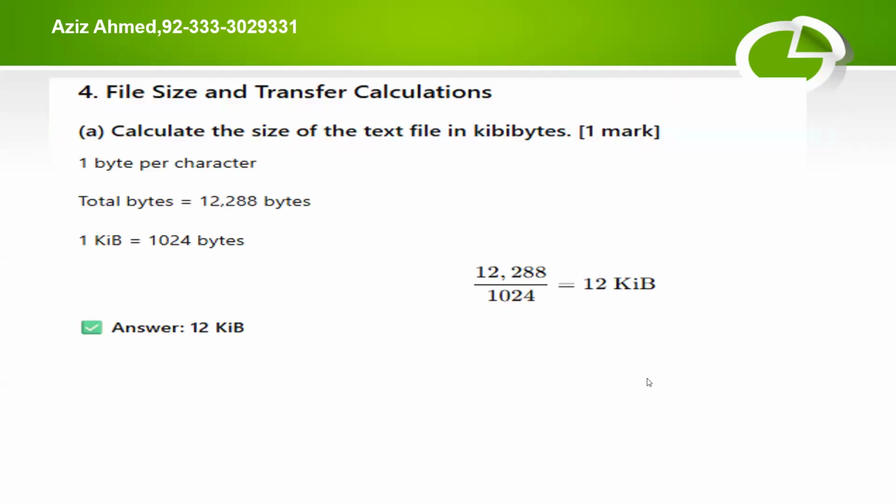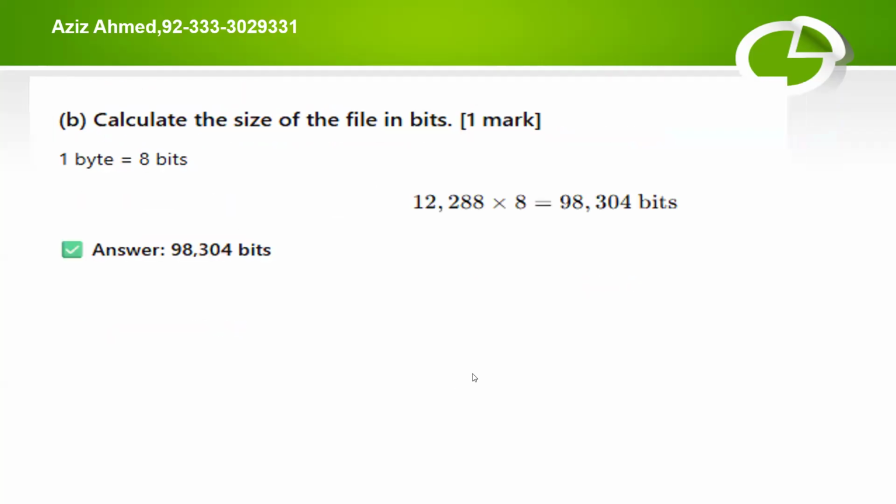No, you basically have bytes, so multiply by 8. It will be converted into bits. 1 byte is equal to 8 bits. So when you multiply by 8, it converts into bits.